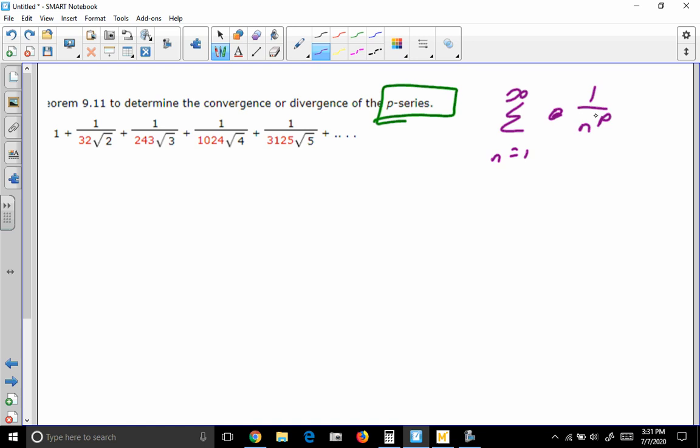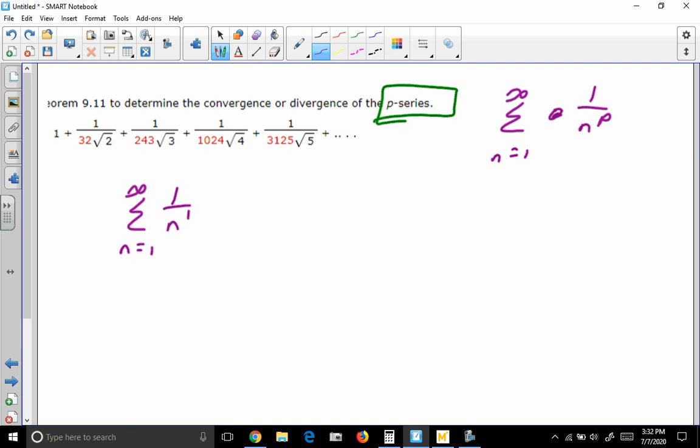P or power series. The base is our counter, and the power is a constant. So let's look at 1 over n to the 4. We can use the integral test to evaluate that.